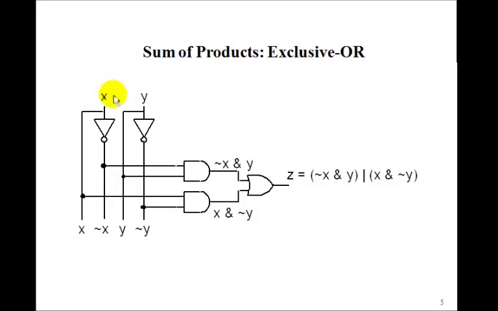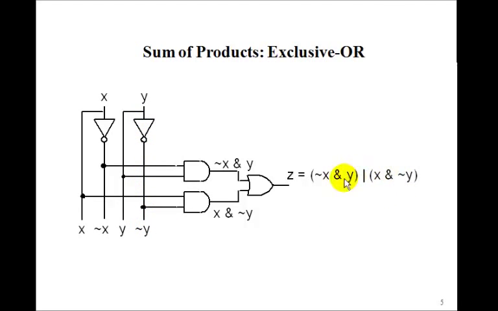We'll make our inputs come in from the top, X and Y, and then you can think of these lines as being wires, so this wire here is just X anywhere along this wire. We'll put an inverter here, so this is NOT X along this wire. Y, we'll just bring a wire down here for Y, and another inverter makes this NOT Y.